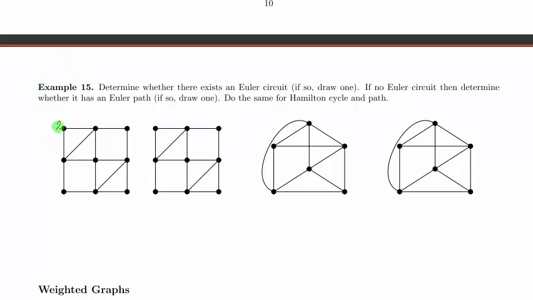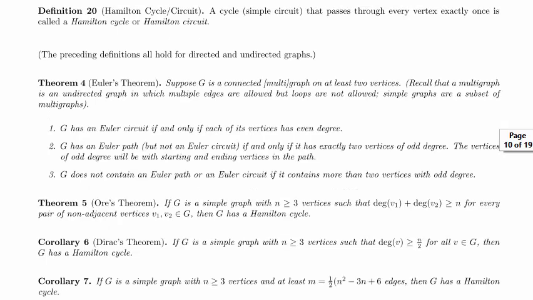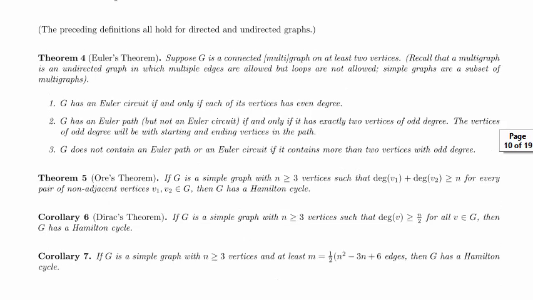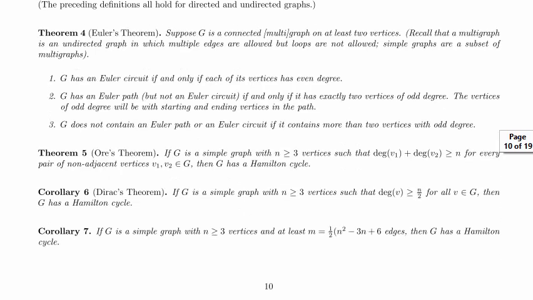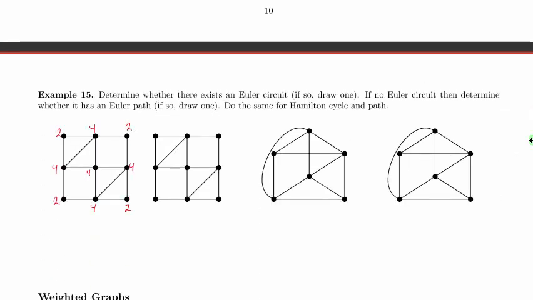So we've got degree 2 here, degree 4, degree 2, degree 4, 2, 4, 4, 4, and 2. So we have all even degrees here, and looking back at Euler's theorem, that tells us it's going to have an Euler circuit. So it should be possible to find a circuit here that goes through and visits every edge exactly once.